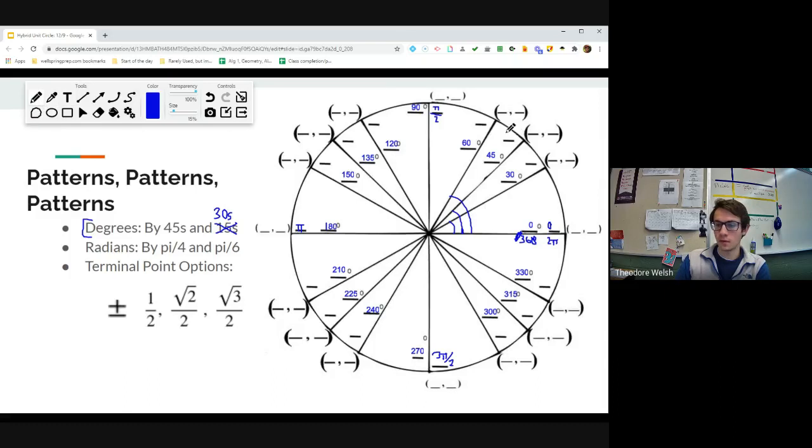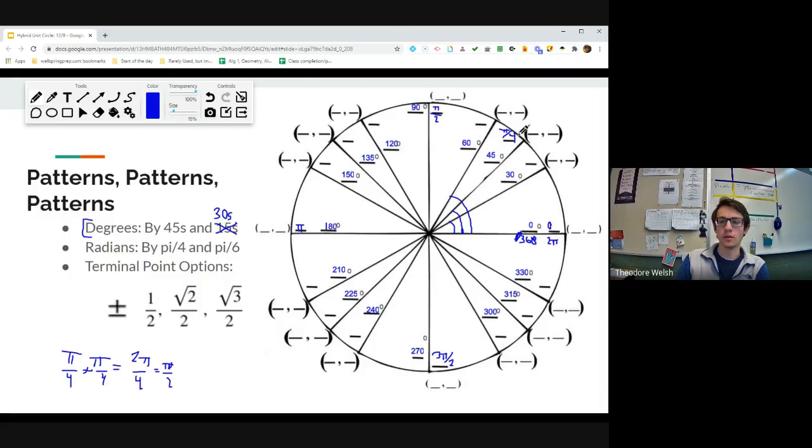So 0 plus pi over 4 is pi over 4. Pi over 4 plus pi over 4. If I were to add those together, we'd have to think in terms of common denominators, combining fractions. So pi over 4 plus pi over 4 would be 2 pi over 4, which simplifies to pi over 2.